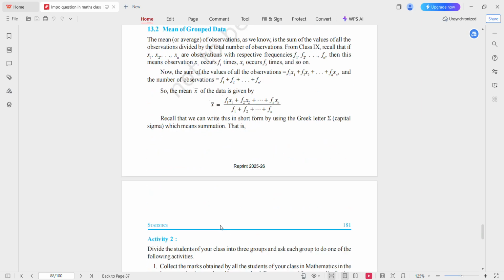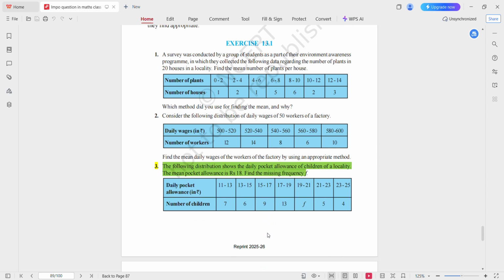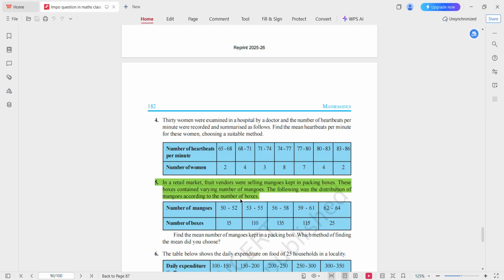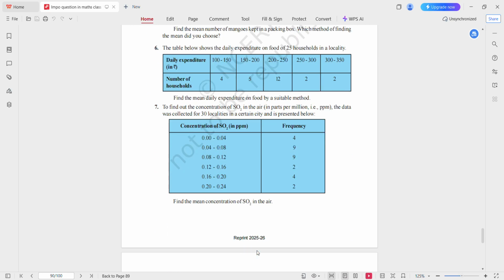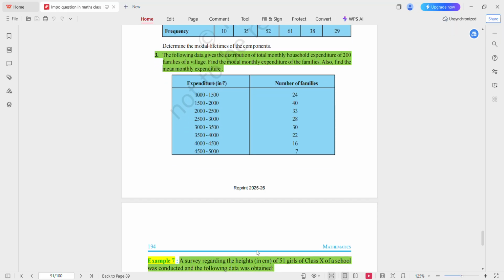Coming to statistics. Third question is important in the statistics. If they didn't give any method, you can choose either one of the method to find the mean. Fifth question is important. In exercise 13.2, third question is important.